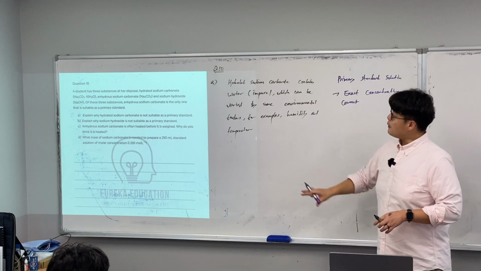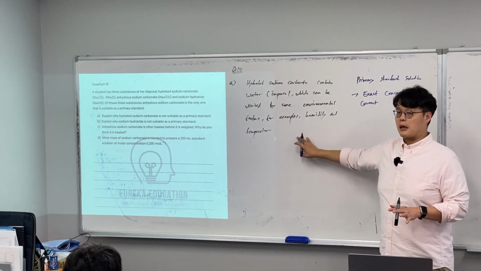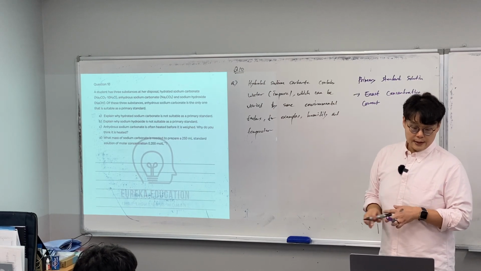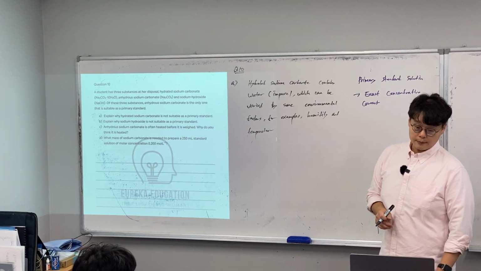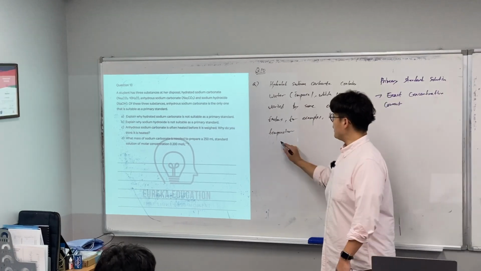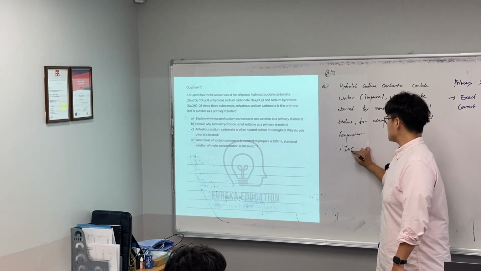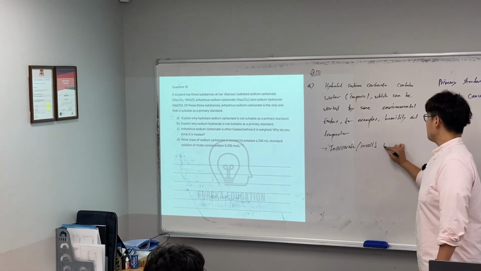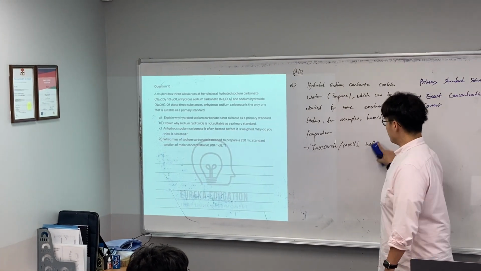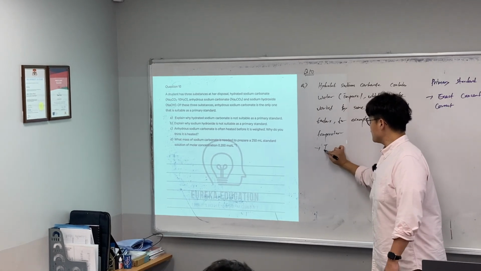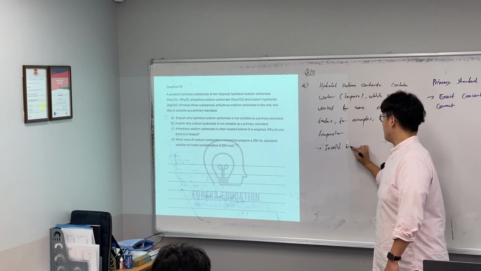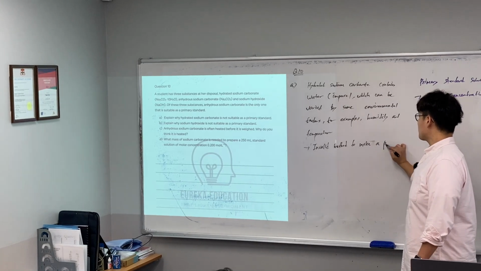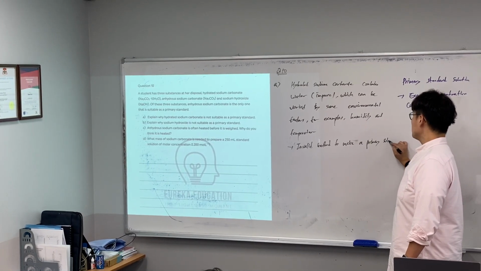Making it this way makes the concentration values less or more than intended, and this is inaccurate. Actually, I should say it is invalid. It is an invalid method to make a primary solution.